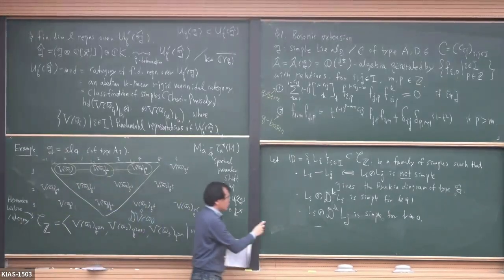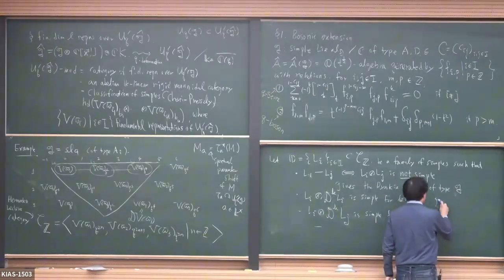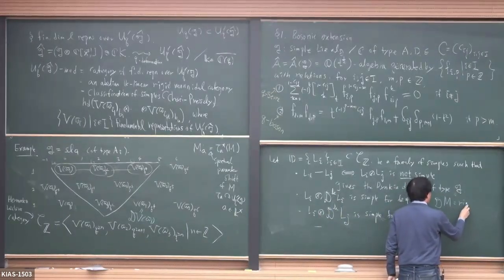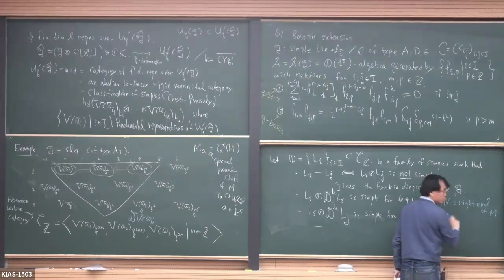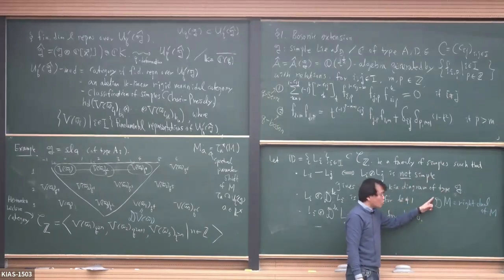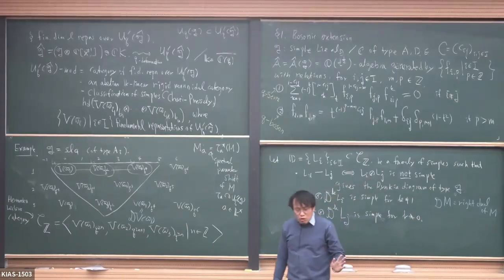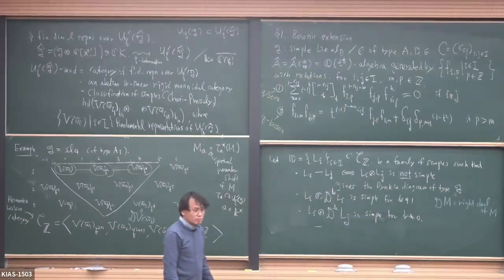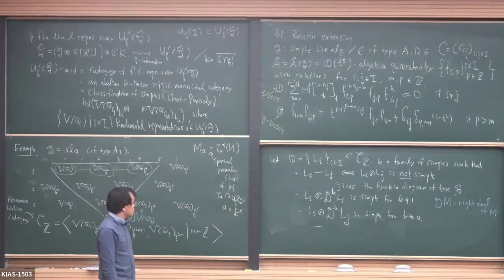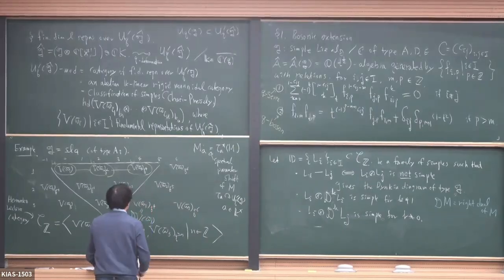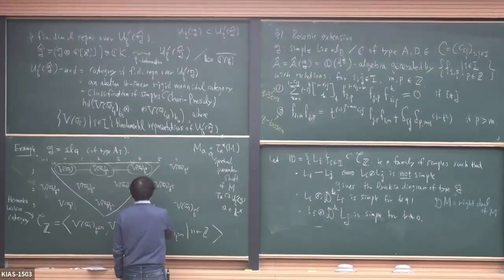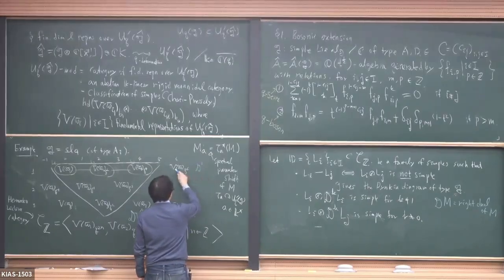I'm sorry, D denotes the right dual of module M. And you can consider the power of D, and the negative power means the left duals. K times right duals.